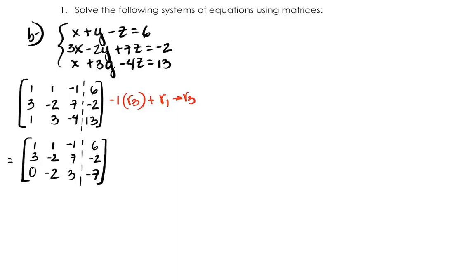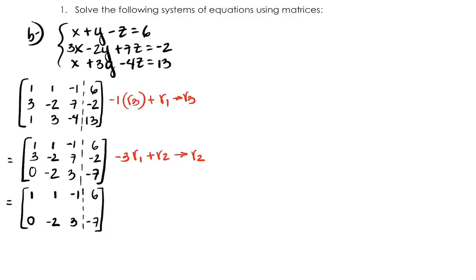Now we are going to multiply row 1 times negative 3 and add it to row 2, and that will give us row 2. So negative 3 times 1 is negative 3, plus 3 is 0.